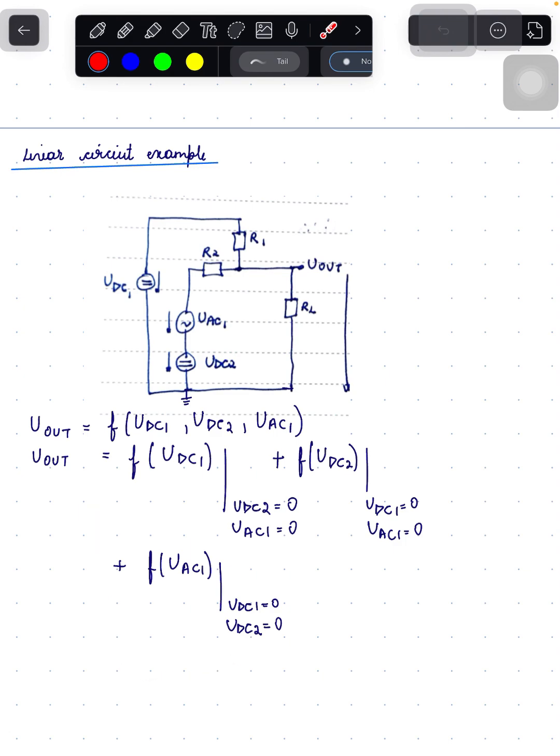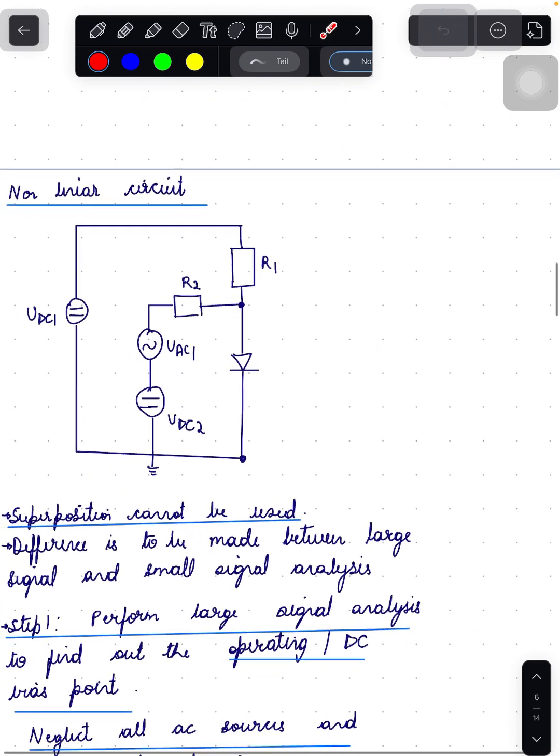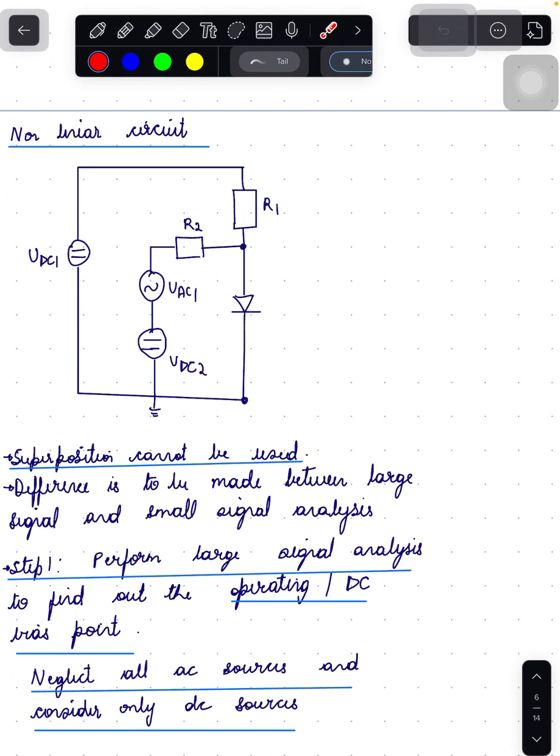This is the superposition theorem. For nonlinear circuits, for example if there is a diode, the superposition theorem cannot be used. So we have to make the difference between the large signal and small signal analysis here.